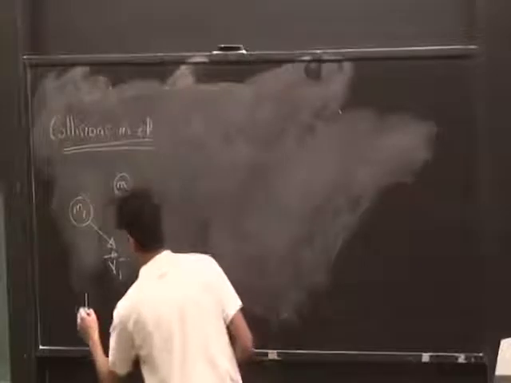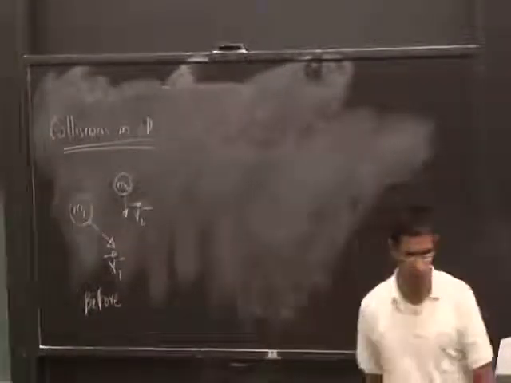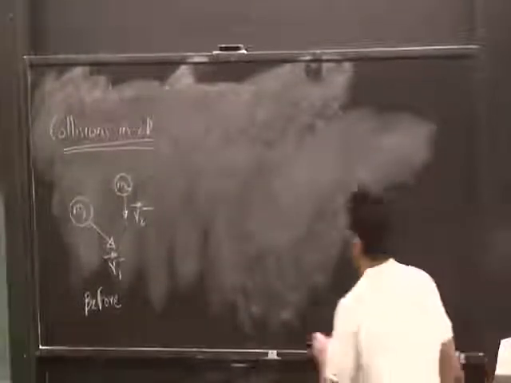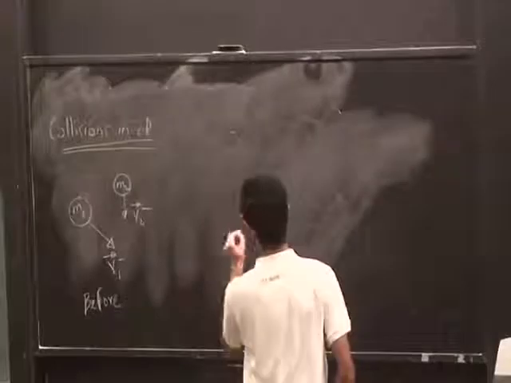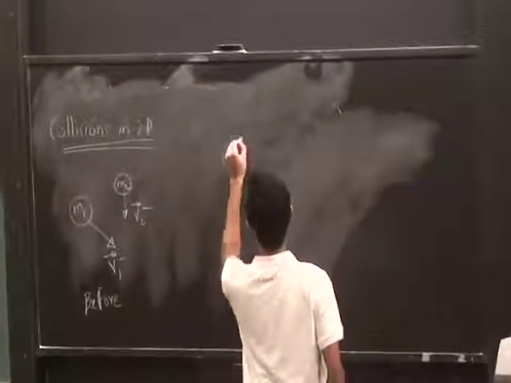So this is before collision. I'm going to use negative sign to indicate time before collision. Then what happens is these two particles collide.